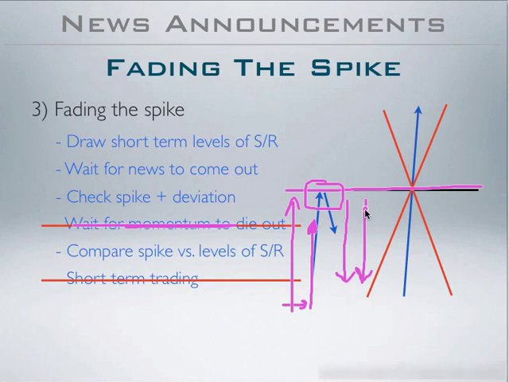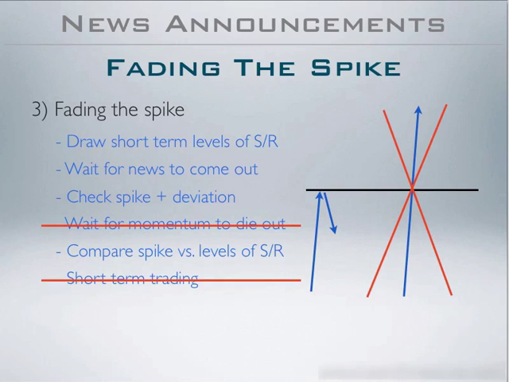You are going to be needing and trading within this momentum as you fade the spike in the opposite direction. And then finally, as I was mentioning before, you are not just going to be using the spike as an analysis tool to determine the direction of your next short-term trade. Instead, you are going to be trading the spike in itself.